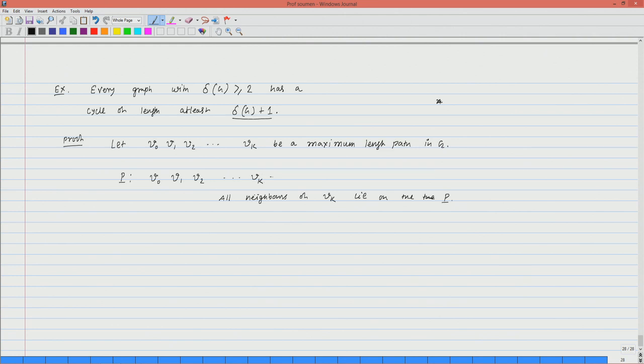So, that is why, since this is the maximum length path, all the neighbors of Vk are here. Of course, this is a neighbor of Vk and the other neighbors are also in this path.